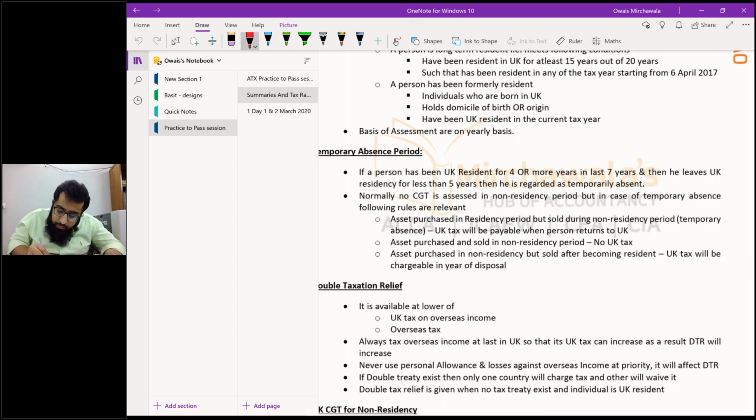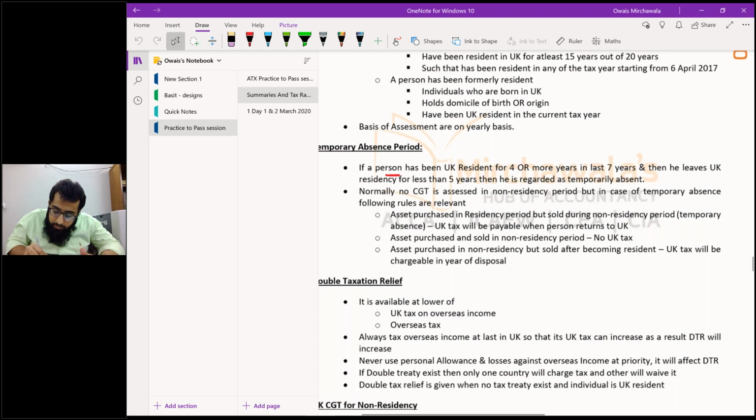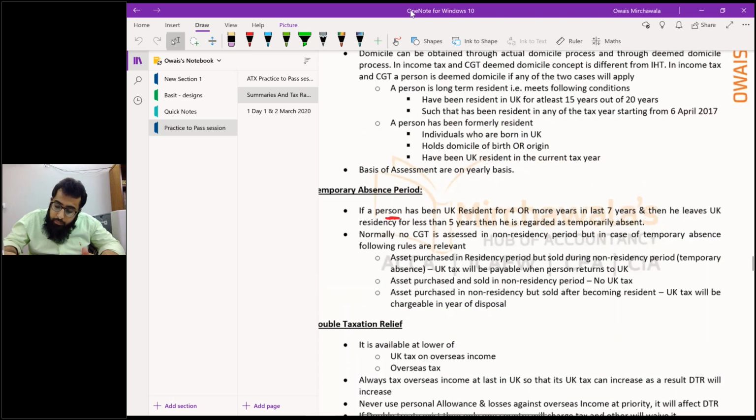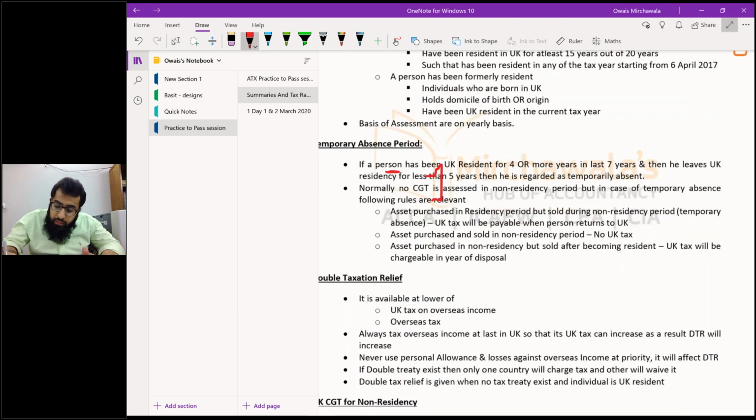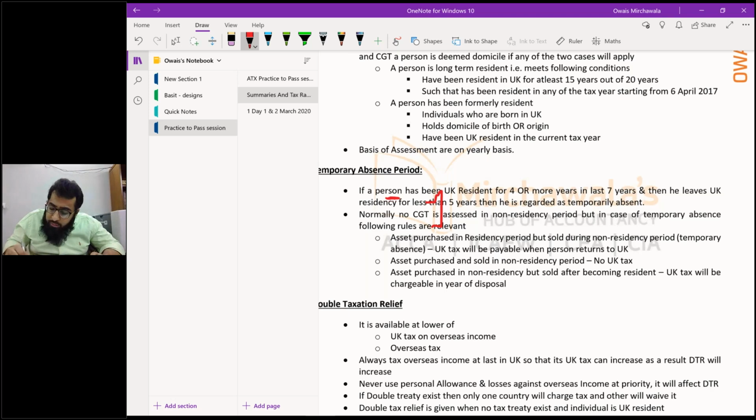If a person has been UK resident for 4 or more years in last 7 years, and then he leaves UK residency for less than 5 years, then he is regarded as temporarily absent.